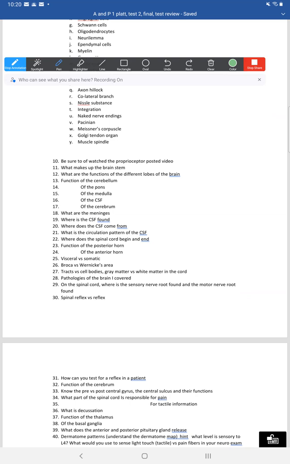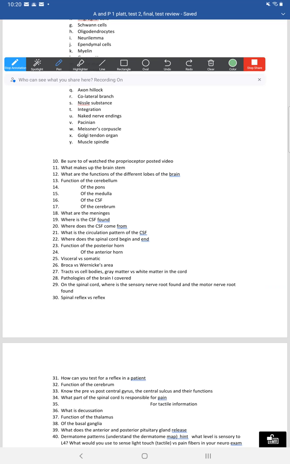Okay, the circulation pattern of the cerebrospinal fluid travels throughout the ventricles in the brain and travels down the spinal cord, down to the sacrum area, and comes back up and circulates throughout the brain. Okay, you have about 150 milliliters of it, and because of the notes, you could keep writing.